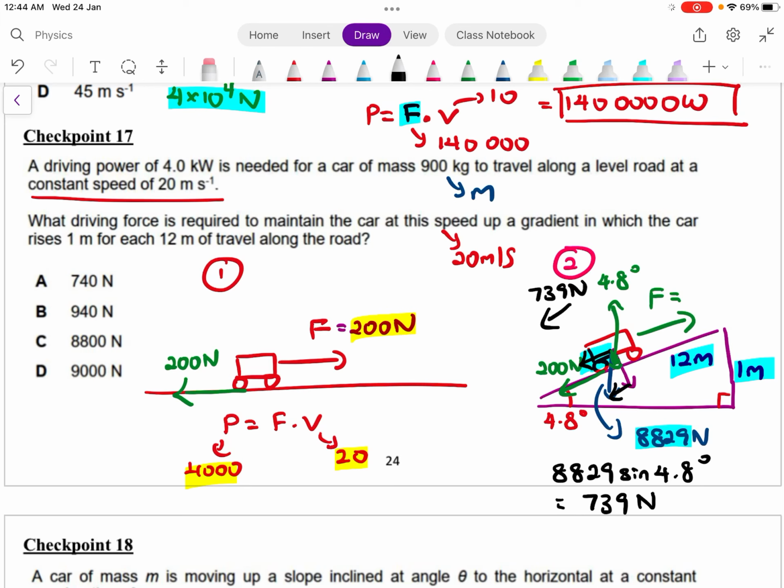Since I want to travel up at the same speed of 20 meters per second, my engine force must be equal to 200 plus 739. So it's about 939 Newton. They actually ask us for the driving force, so we simply round it off to 940 Newton. So the answer for this will be B.